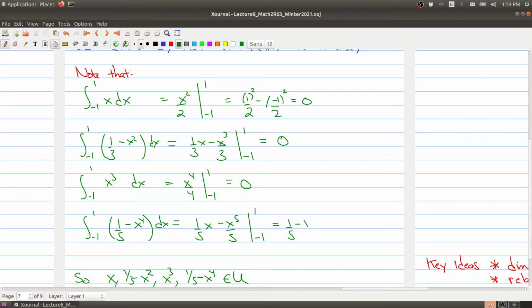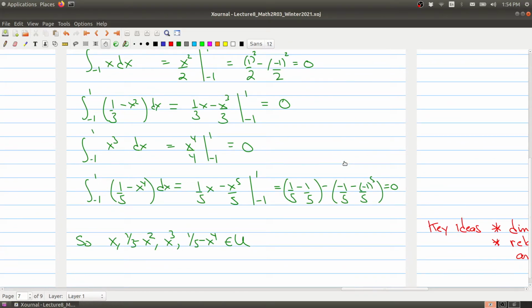On one side I get 1/5 minus 1/5, and on the other side I get minus 1/5 minus (-1/5), so it gives me 0. So I have a whole bunch of polynomials that I know are inside of U: x, 1/3 minus x squared, x cubed, and 1/5 minus x to the 4 are in U.